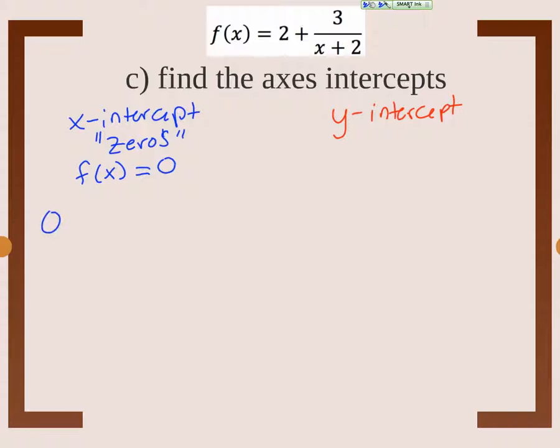So I've got 0 equals 2 plus 3 over x plus 2. And so at this point, you want to use your solving equation strategies to get x by itself. So I would recommend subtracting the 2 over. So we have negative 2 equals 3 over x plus 2.